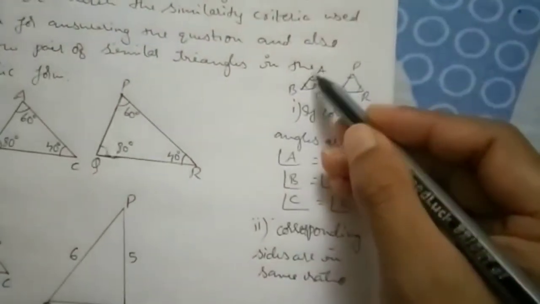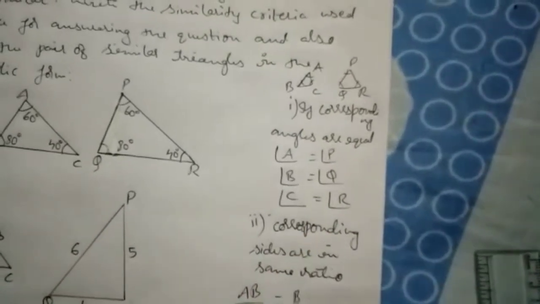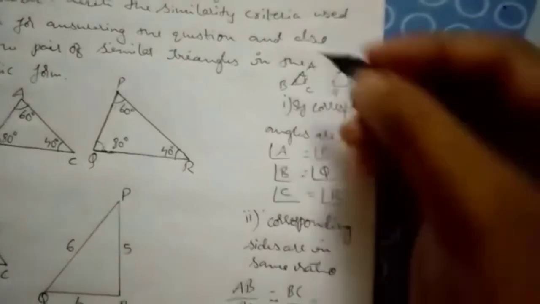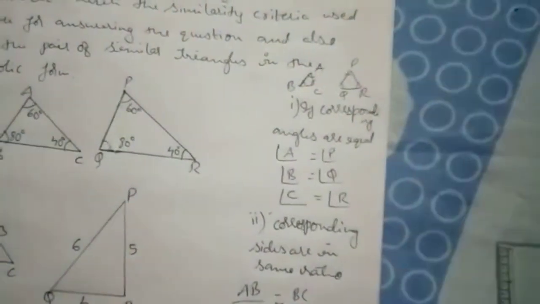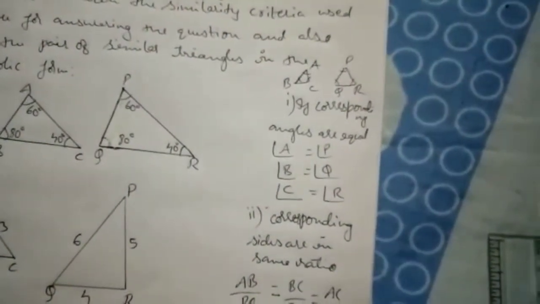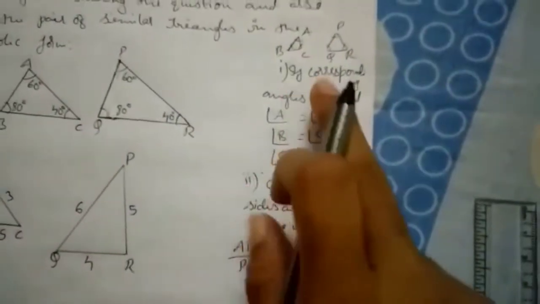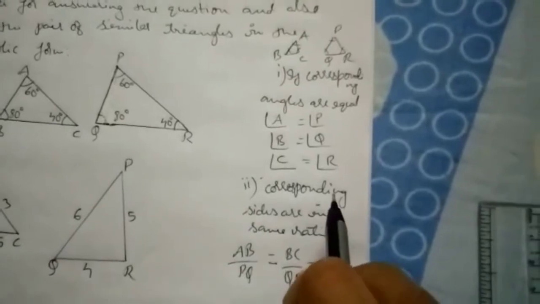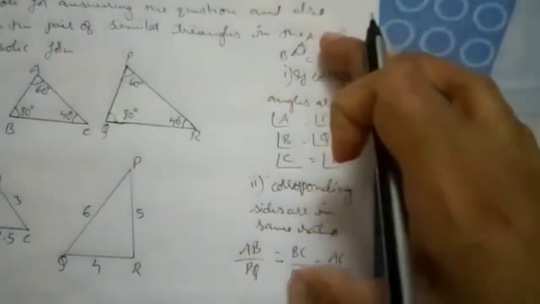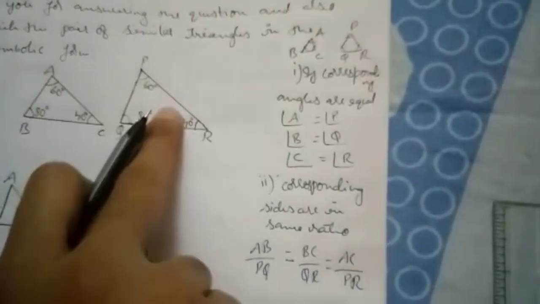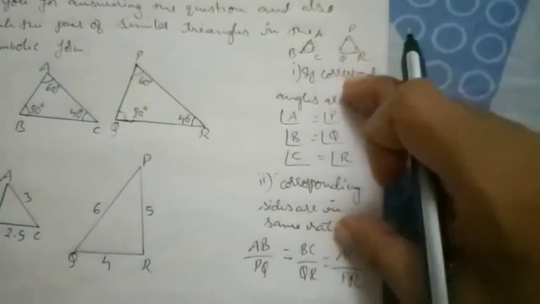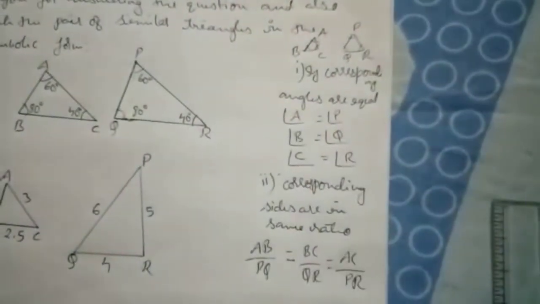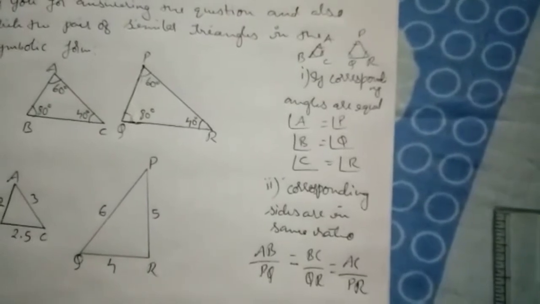Corresponding sides means AB by PQ is equal to BC by QR is equal to AC by PR. These are the conditions for similarity. You have to show these two triangles are similar by using these two conditions. If you have these conditions, then we can say that the two triangles are similar.